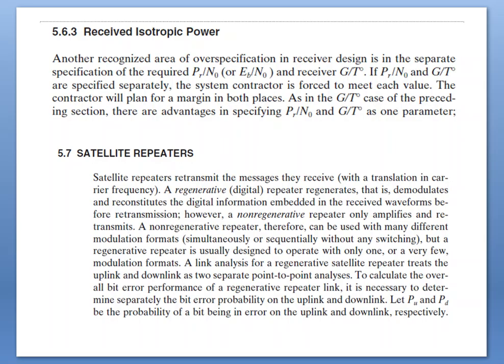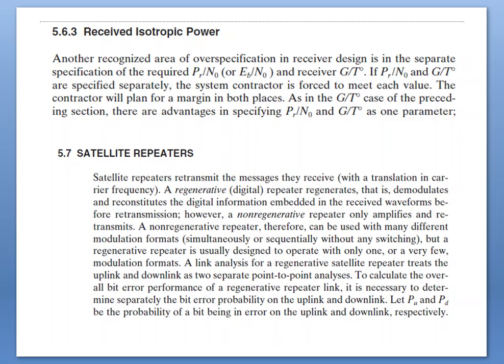Specifying the RIP required to meet the system error performance allows the contractor to commit to meeting a single parameter value. The contractor is allowed to trade off P by N naught versus G by T and loss performance. As G by T naught is improved, the detection performance can be degraded, and vice versa.